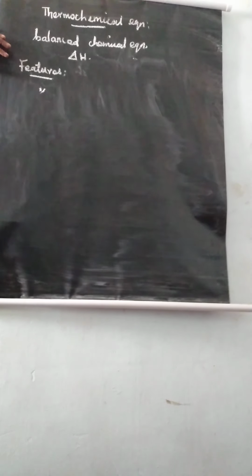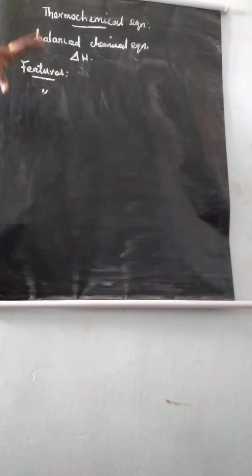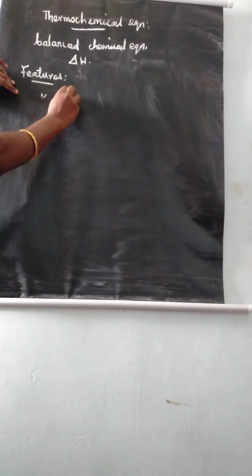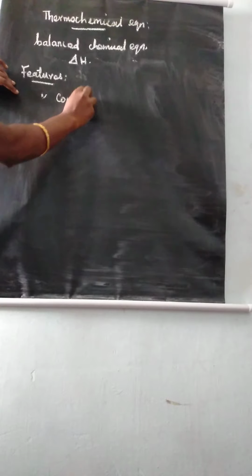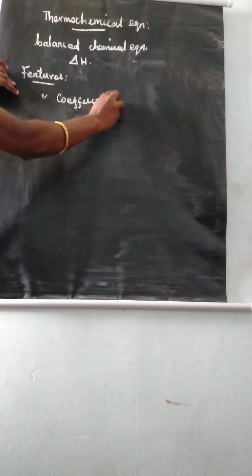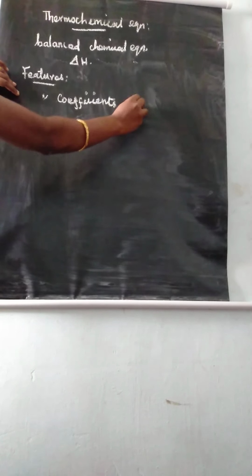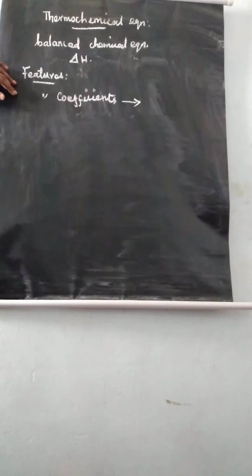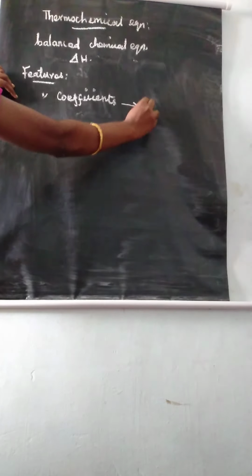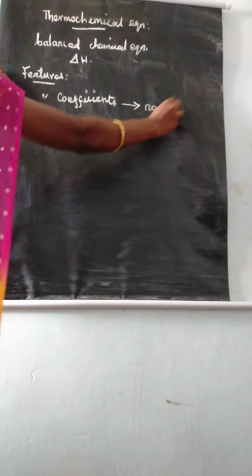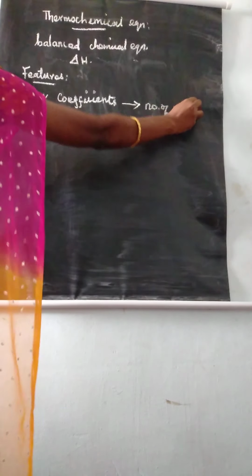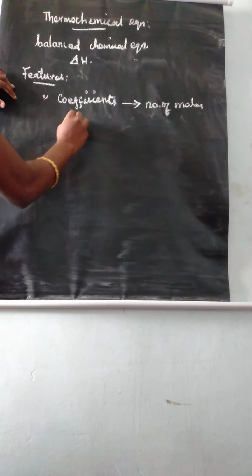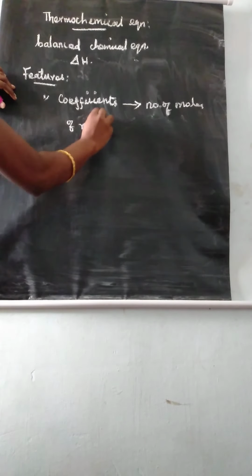First point. The coefficients in a balanced thermochemical equation refer to the number of moles of reactants and products.